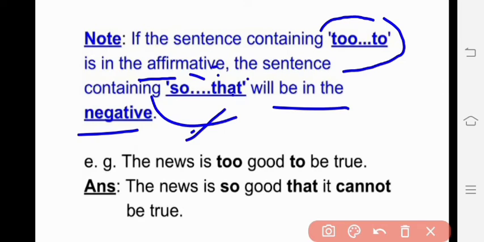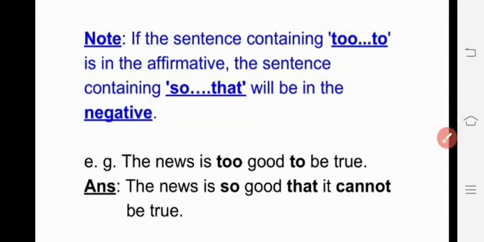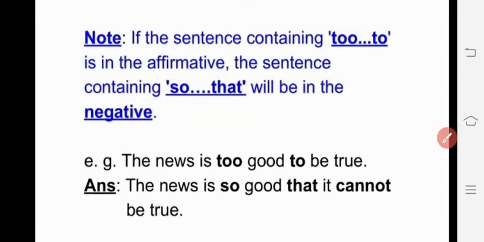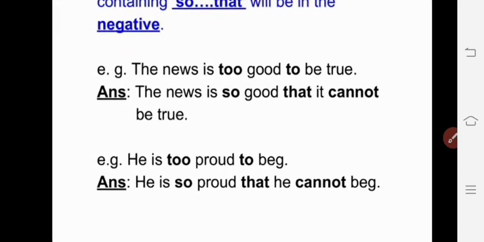When you apply so that, the sentence must be in negative formation, otherwise your sentence will be wrong. So here we go for the example.